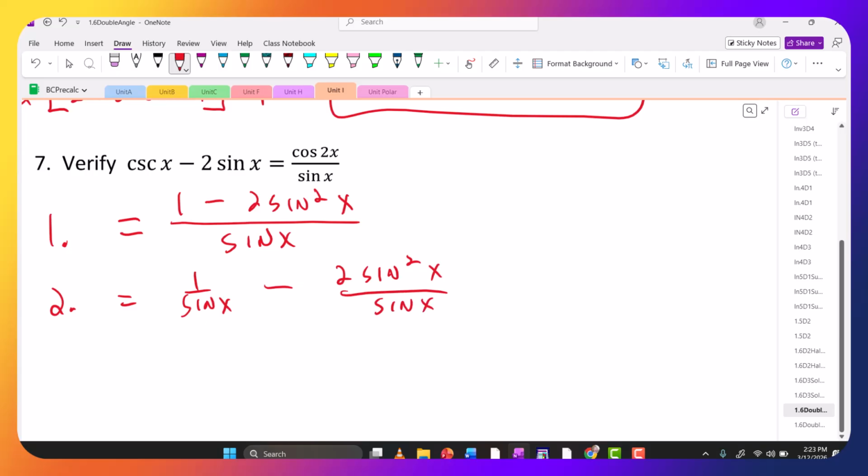That's fine. So this cancels with this. And then just show me one more step that you know this is cosecant of x. It always ends with writing exactly something equals itself. Okay? All right. So we're done with that one, and then we only have one left.